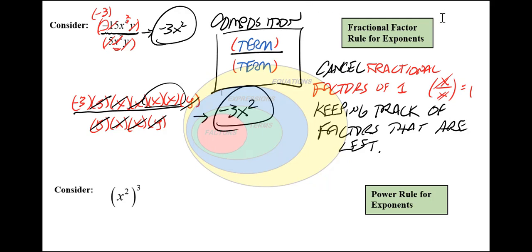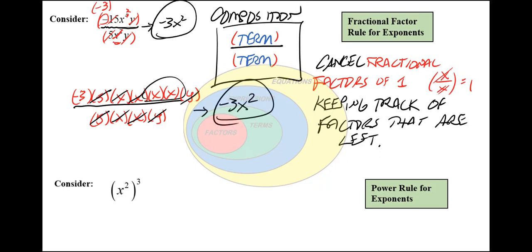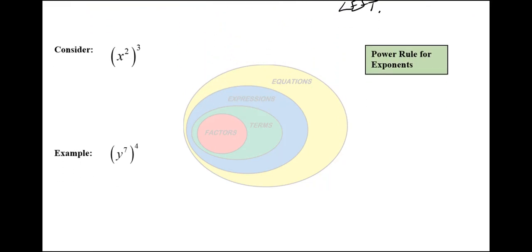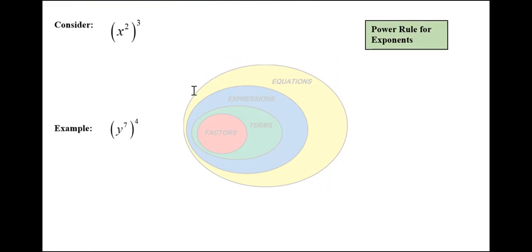All right, now to some exponent rules we haven't seen. So here's a situation where we have a set of parentheses, and in that parenthesis is a factor raised to a power. So we have an outside power. This 3, I like to call outside power.